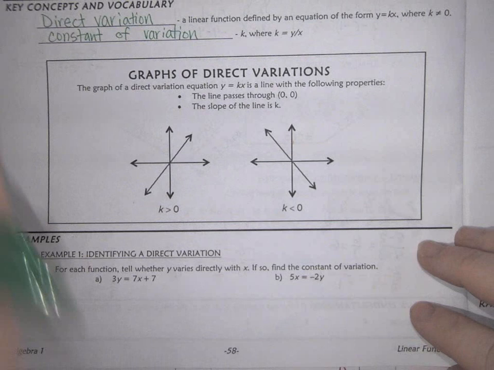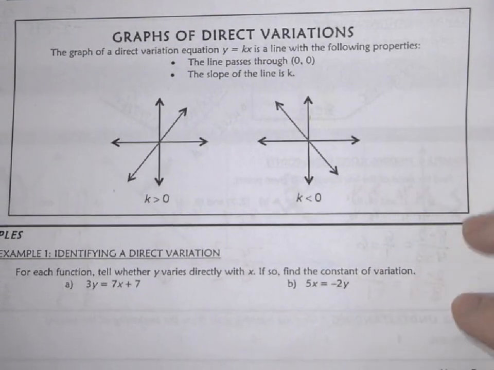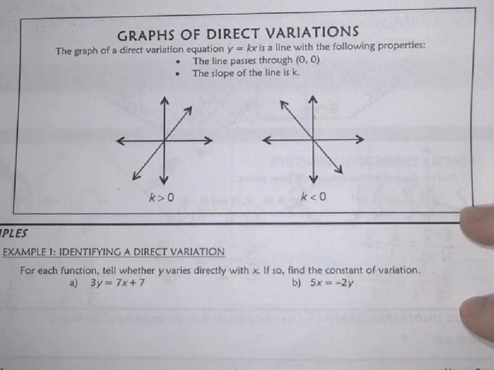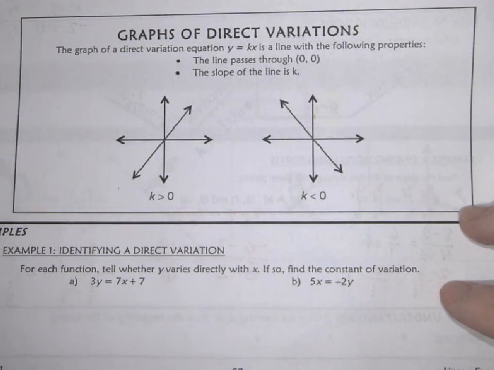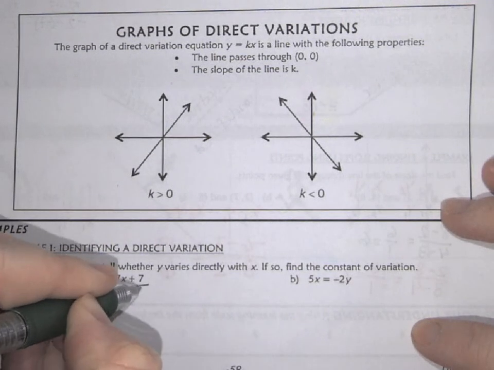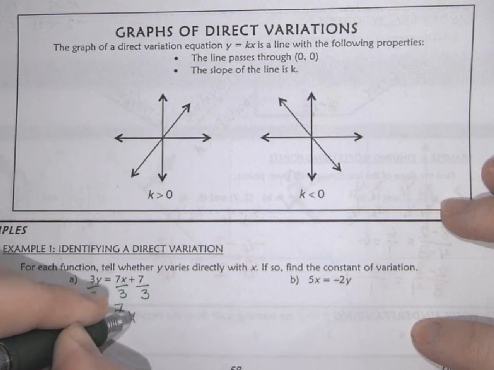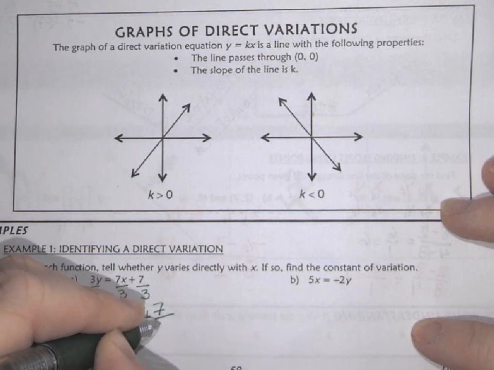When you're looking at equations, in order to determine if y is going to vary directly with x, we need to solve the equations for y. So here I'm going to divide everything by 3. So I get that y is equal to 7/3 x plus 7/3.